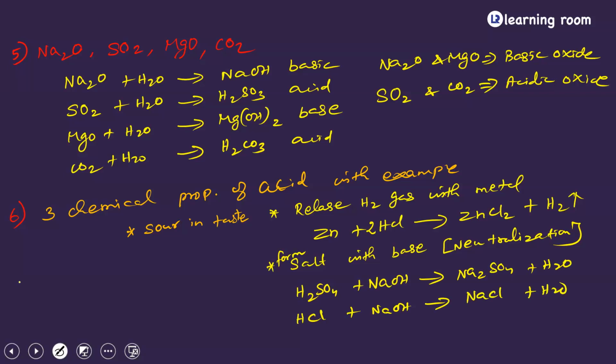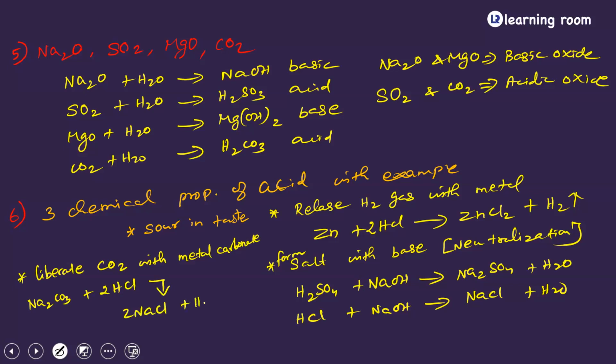And also it will liberate carbon dioxide with metal carbonate. Example, when you have sodium carbonate plus 2 moles of HCl, it will give 2 NaCl plus H2O plus CO2. Okay.